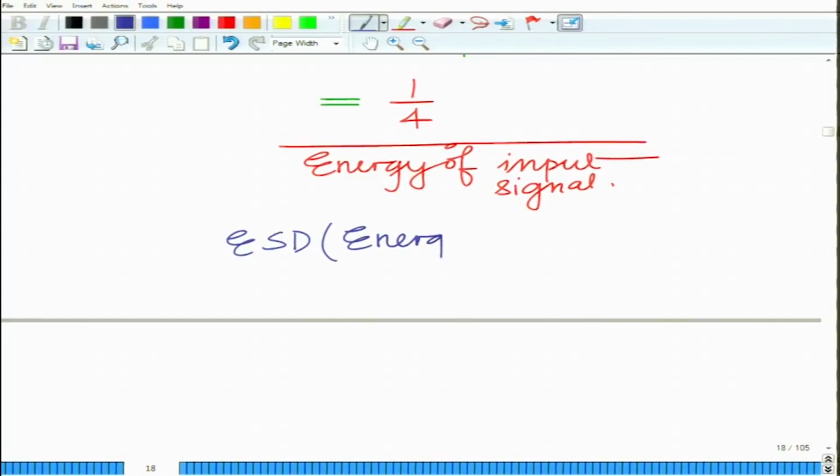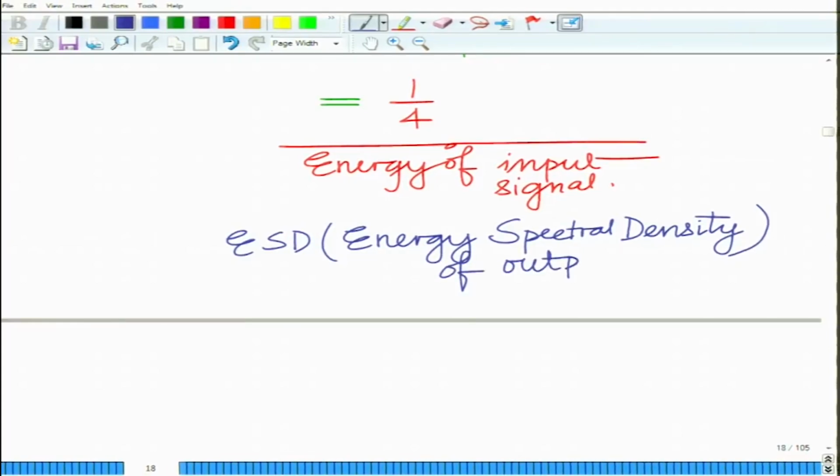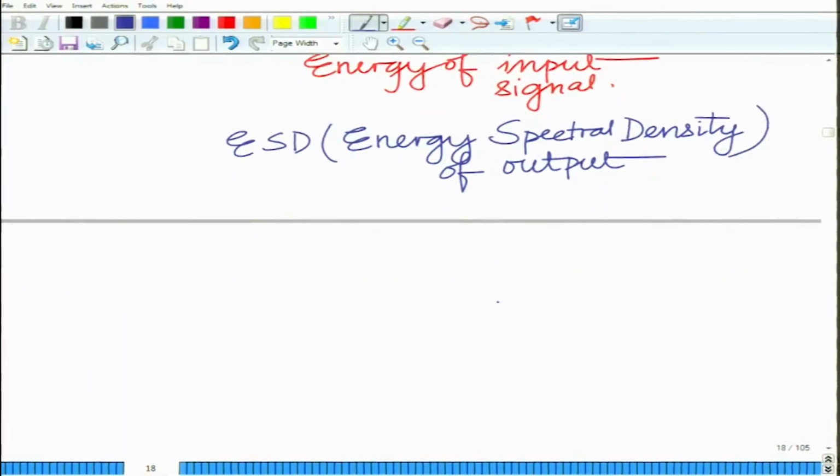So, now what we want to do is consider the ESD, or the energy spectral density of the output. Now, remember, the energy spectral density of the output, that is magnitude Y of omega squared.